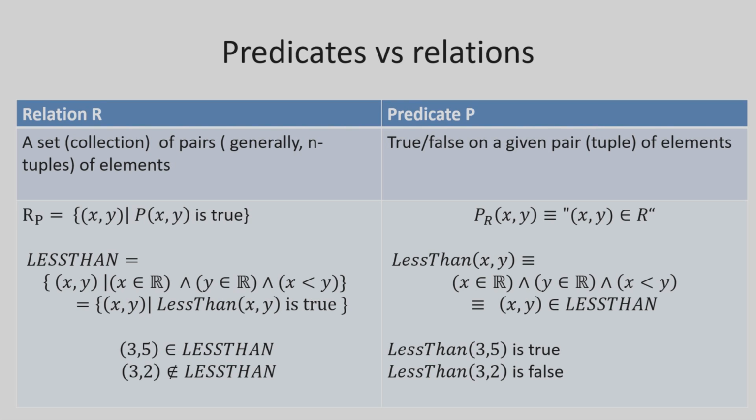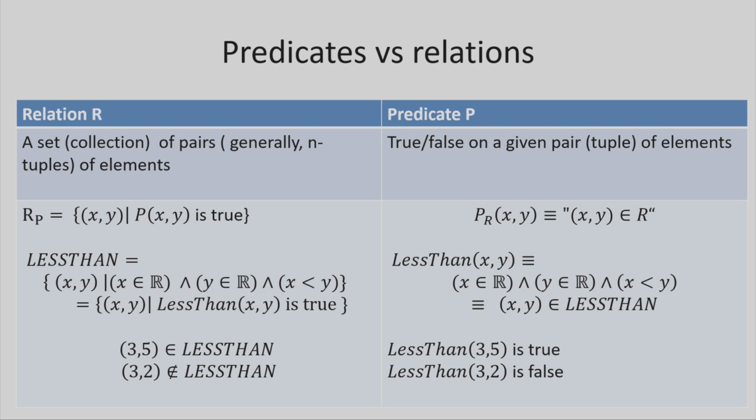So for example, the less than relation is a set of pairs of real numbers xy such that x is less than y. Whereas the predicate less than, which we could also write the way you normally write it, is equivalent to the formula, which, surprise, surprise, is the same formula that you use to define the property that pairs x and y need to satisfy when you define the less than relation.